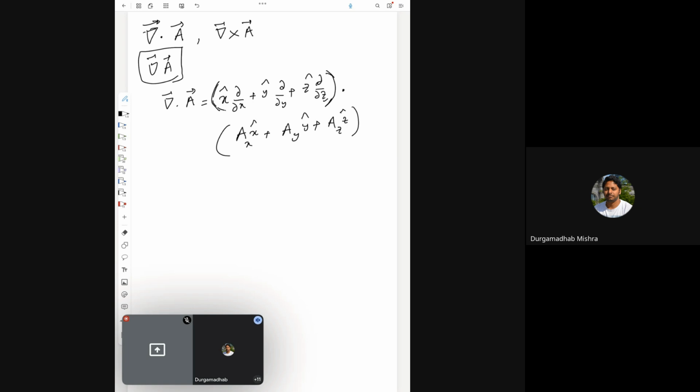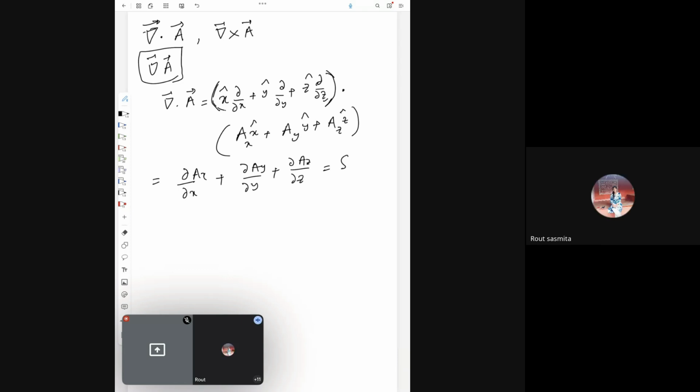Here x cap, y cap, z cap are the unit vectors, and ax, ay, az are the components of the vector along the three Cartesian components. So what I will get is del ax by del x, plus del ay by del y, plus del az by del z.